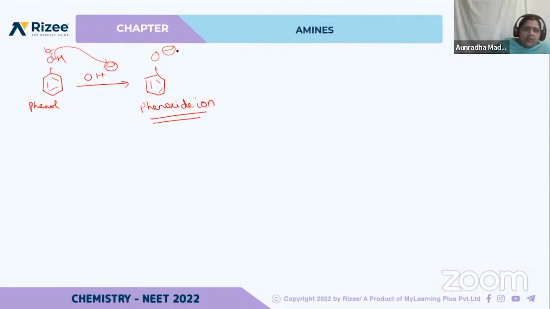Here also resonance happens. These electrons go here. Rotation of pi electrons is going to happen. So the same resonance. I'm writing it at a time here: O, here double bond O, and at this position negative charge.